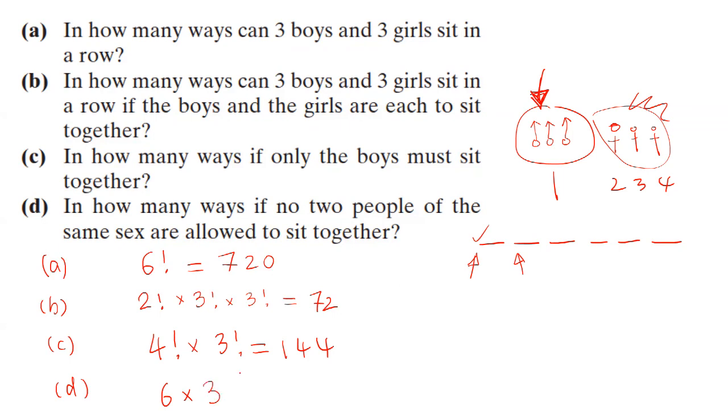That means we only have 3 choices. For the next one, you have to choose from the opposite sex, which means we have 2 choices only. Following this logic, the next one, we only have 2 choices. For the next one, we have only 1 choice. For the last position, we have only 1 choice. So the total number of choices is 72, okay?